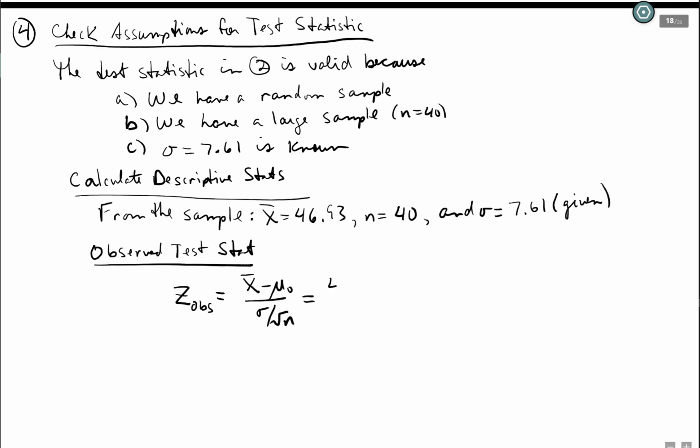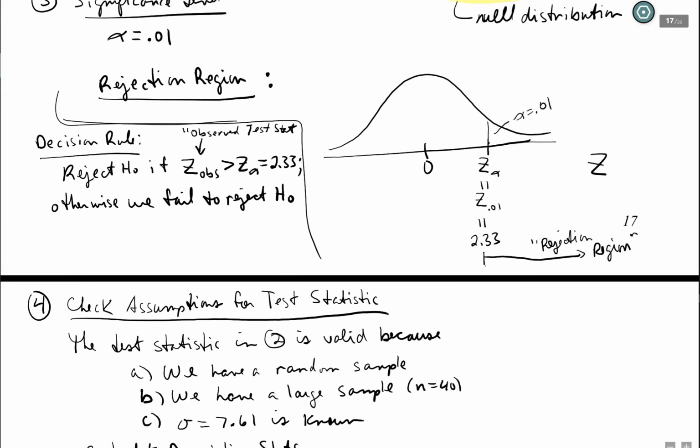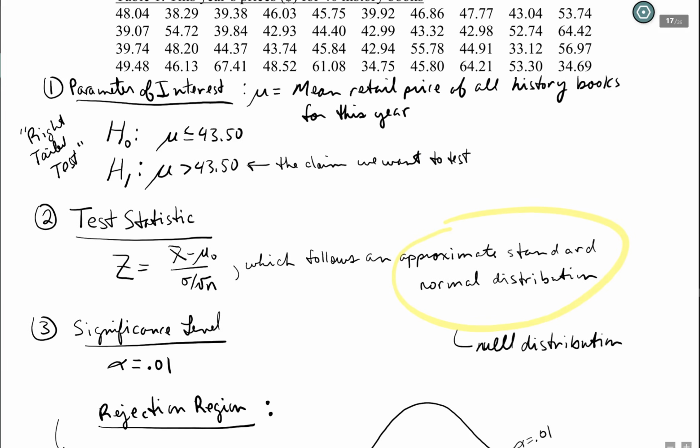Just plugging in here, I get 46.93 minus mu naught. Again, that's the value of mu under the null. What is that? Under the null hypothesis, mu is less than or equal to 43.5.